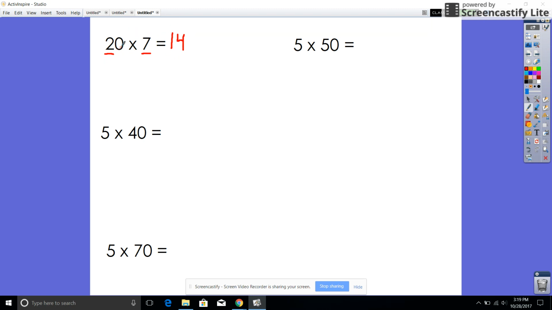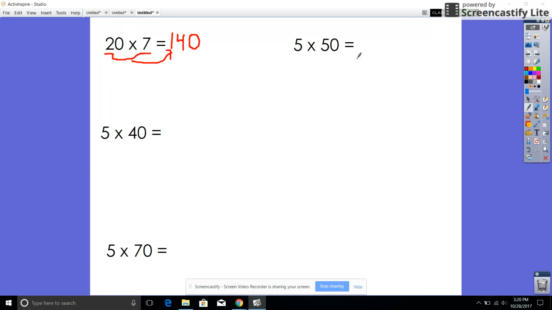However, remember, we're multiplying by multiples of 10, so they will have zeros at the end. That means that we need to include that 0 right here at the end. So 20 times 7 gives you 140. What we did is first we took 2 times 7 and we made that into 14.